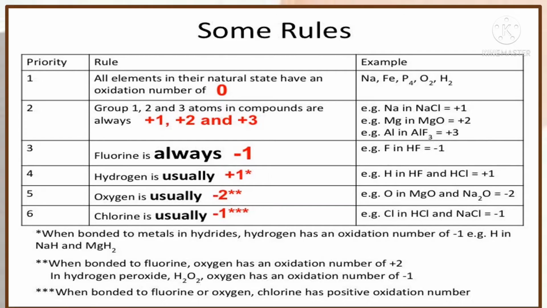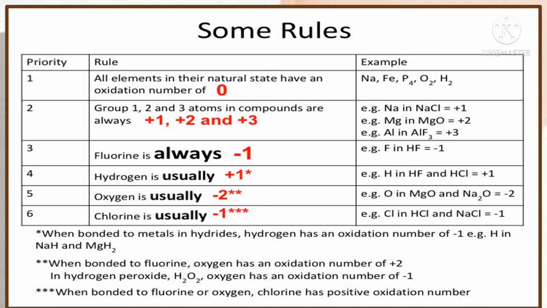For the compound sodium hydride, hydrogen is bonded to sodium, which is a metal. Therefore, its oxidation number is -1. But when it is bonded to a non-metal, the oxidation number of hydrogen is +1, like for example, hydrochloric acid.